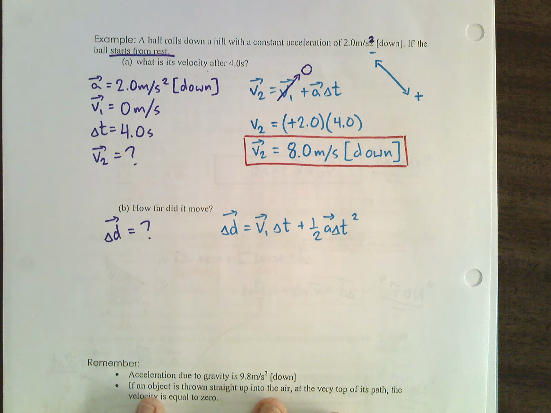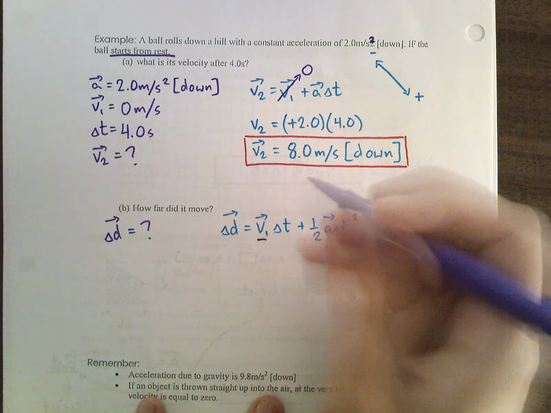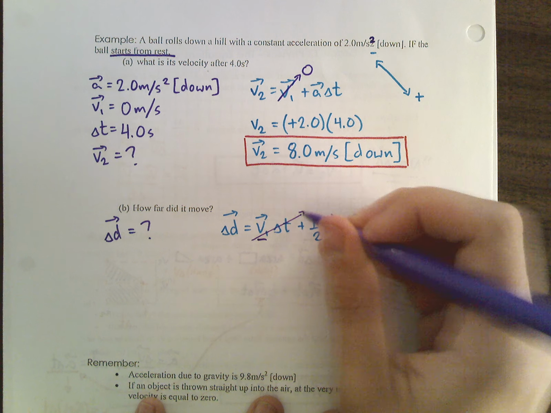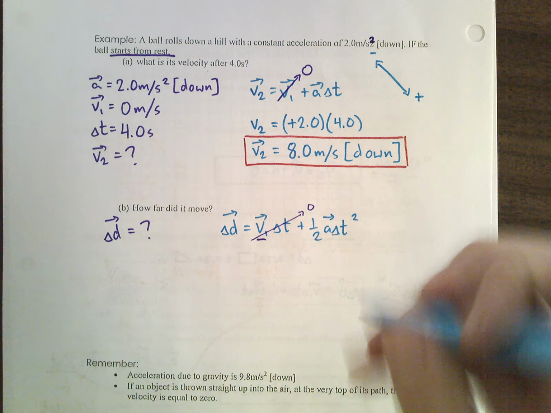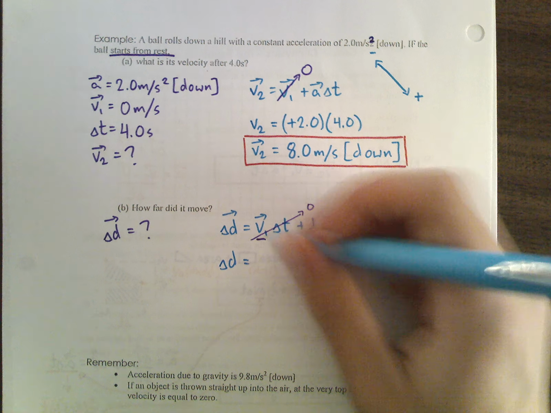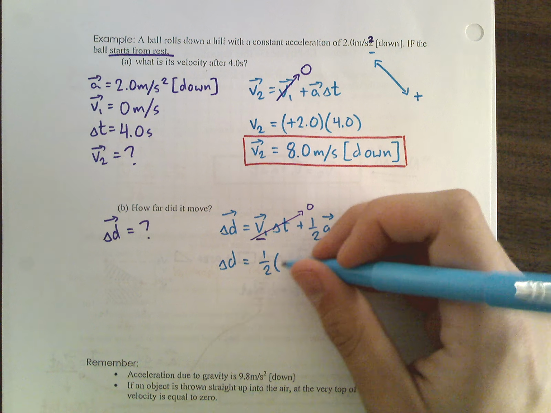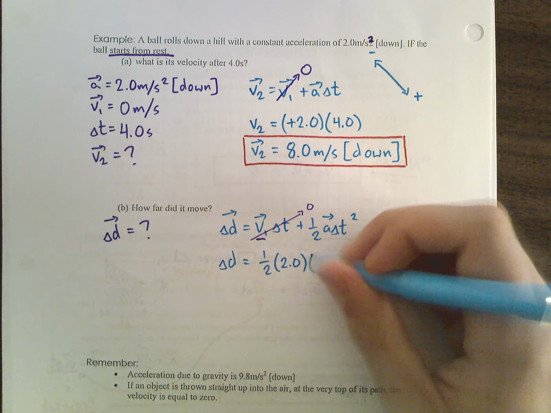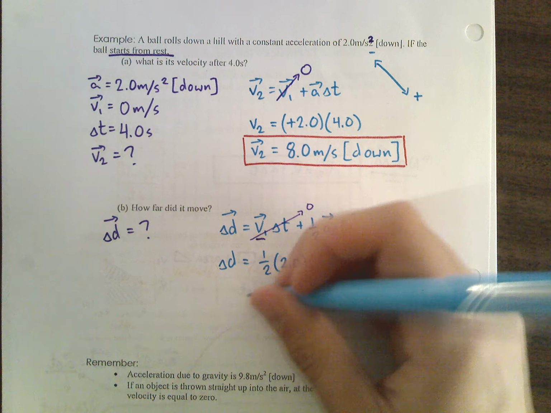Really, really nice. Again, this right here is 0. V1 was 0, so that makes this whole thing, V1 times delta T, doesn't matter what delta T is, that whole thing is going to be equal to 0. So therefore, when we move on, we have got delta D equals 0 plus 1/2 times A, which is positive 2, times delta T, which is 4.0 squared.